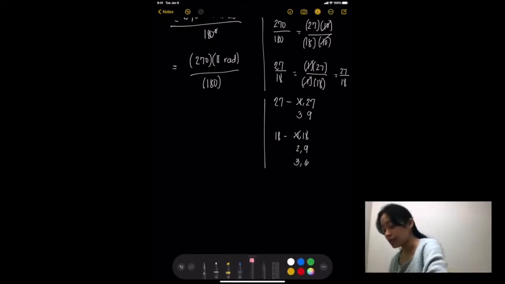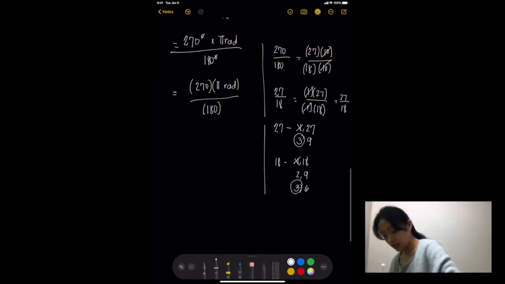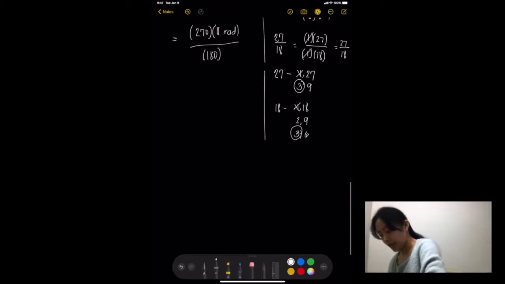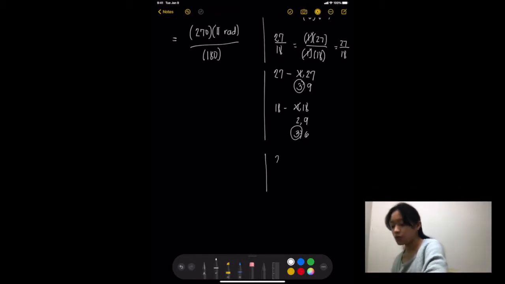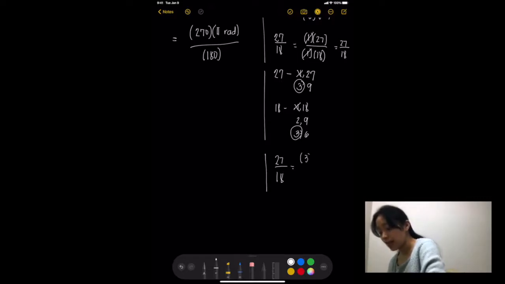It's 3, and so I'm seeing 3 here. So I'll try to rewrite 27 and 18 in terms of their common factors.